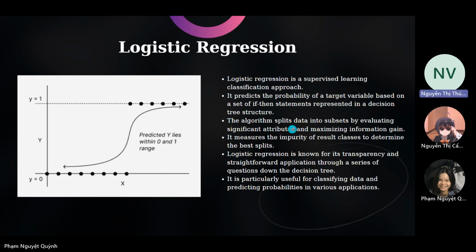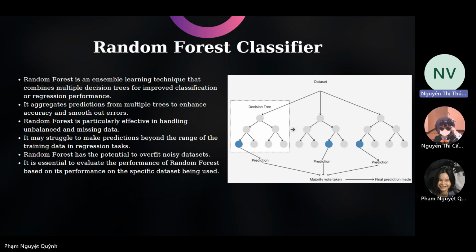The second one is random forest classifier. Random forest is a powerful ensemble learning technique that combines multiple decision trees to enhance classification or regression performance. By aggregating the predictions from multiple trees, it helps to smooth out errors and improve the overall accuracy of the model.